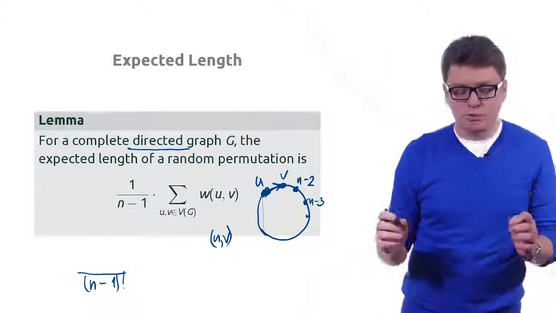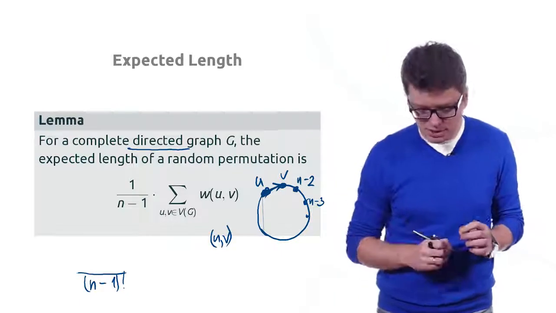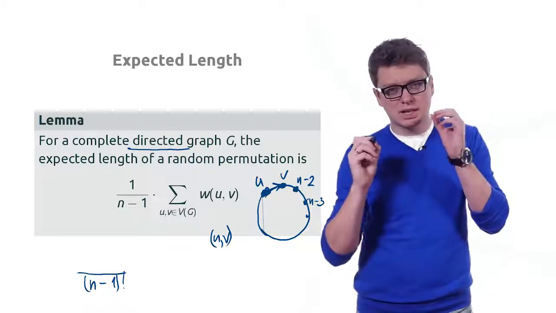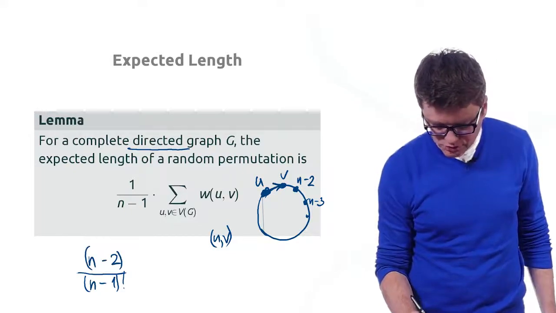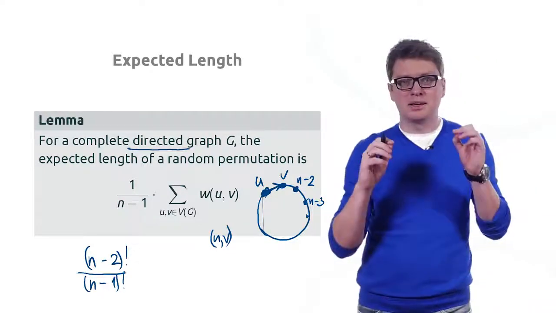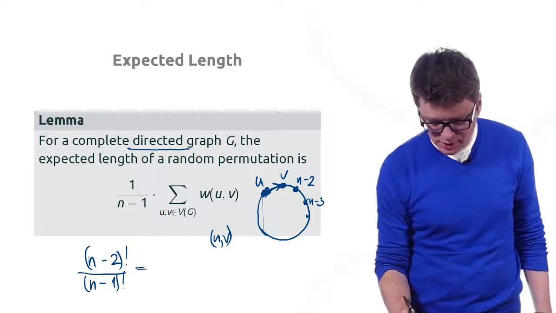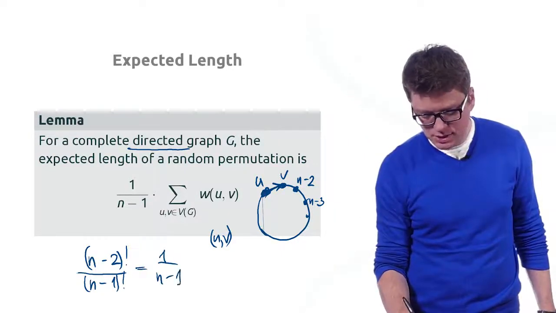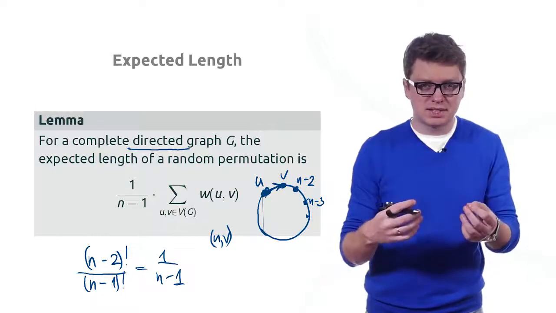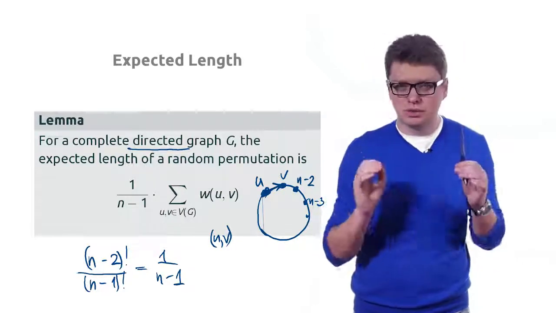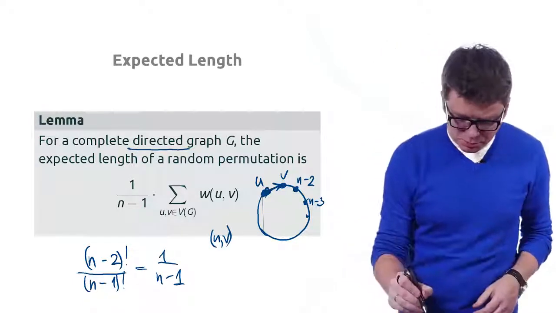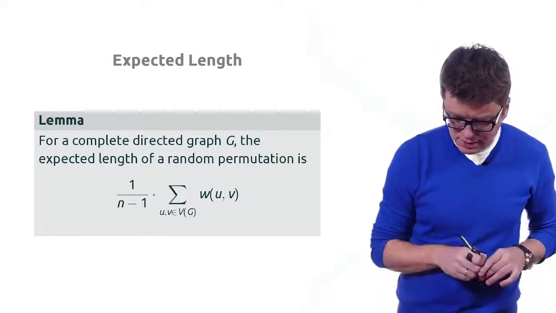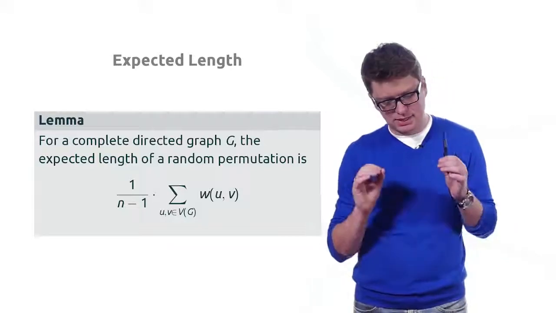So the total number of cycles that contain this particular edge is n minus 2 factorial. So the fraction of all cycles containing a particular edge is 1 over n minus 1, and this is also the probability of a fixed edge to be included into a random cycle.